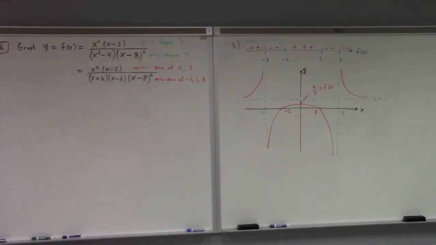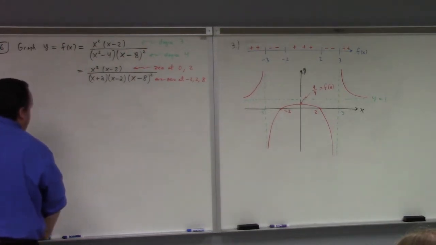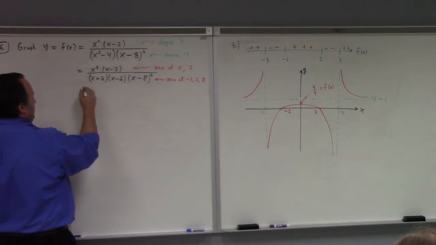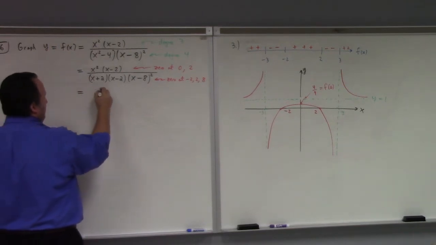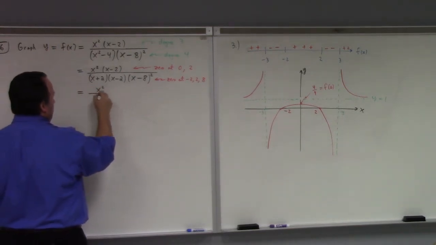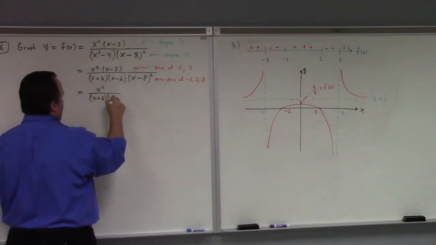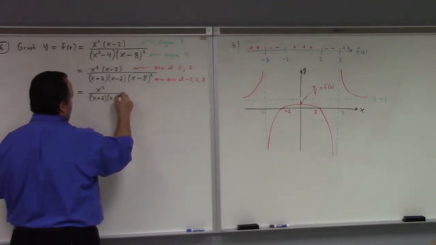So this one's more annoying than the previous example because there's an overlap, right? We have 2 shared by both the numerator and the denominator as zeros. Okay? So in this case, it's useful to introduce what's called the reduced function. So what's the reduced function? Well, the reduced function here is x squared over x plus 2 times x minus 8 quantity squared.